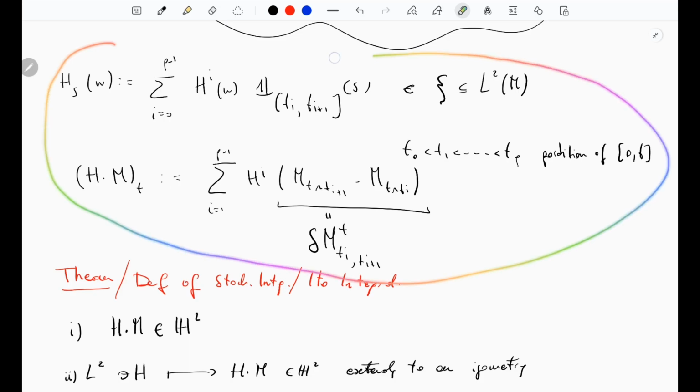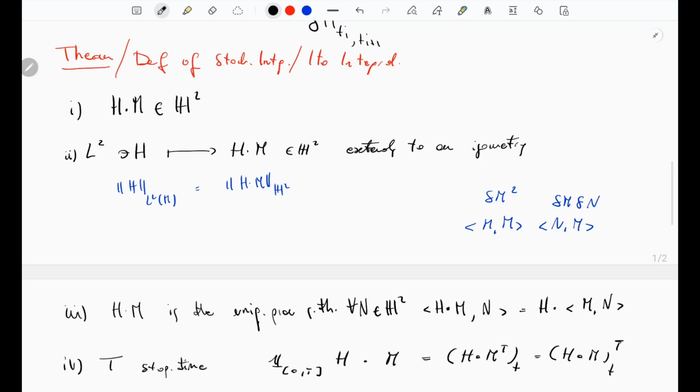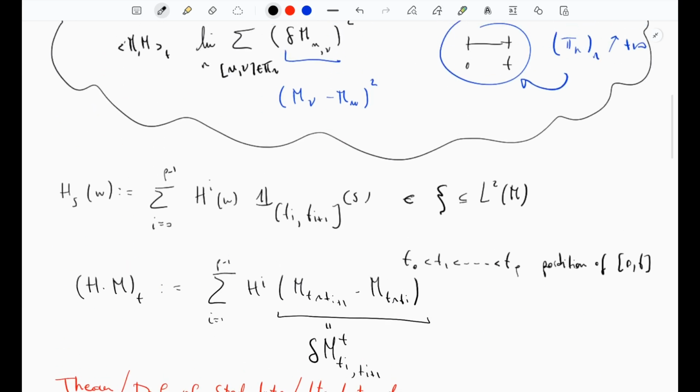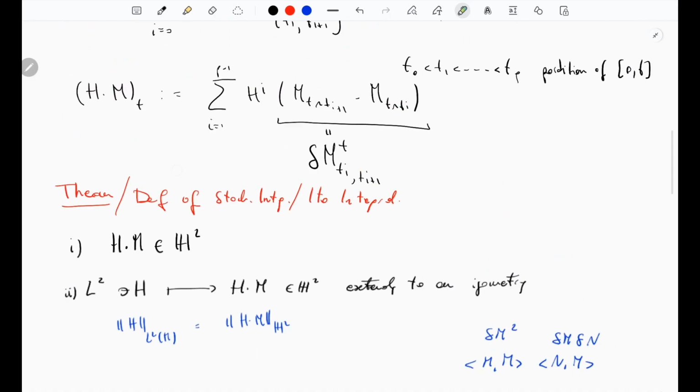We said, okay, it works for elementary processes. Can we make it work for any L2 process? And the answer is yes, because you can prove that the space of elementary processes is a dense subspace, and dense is very important, of L2M. So that's a key.